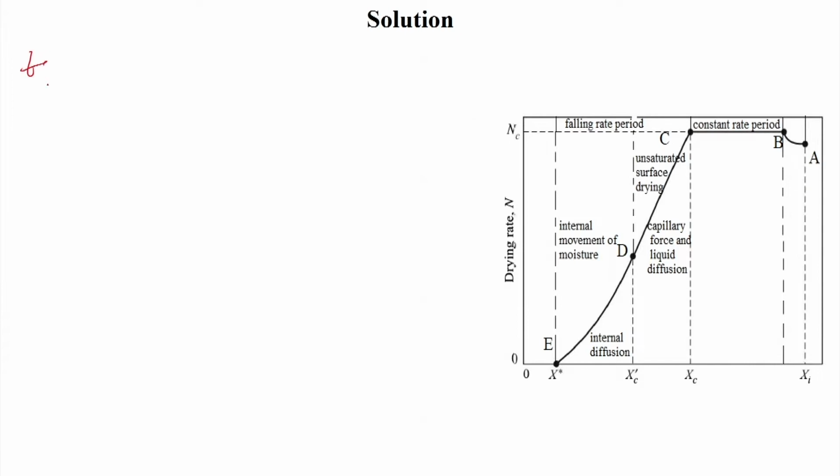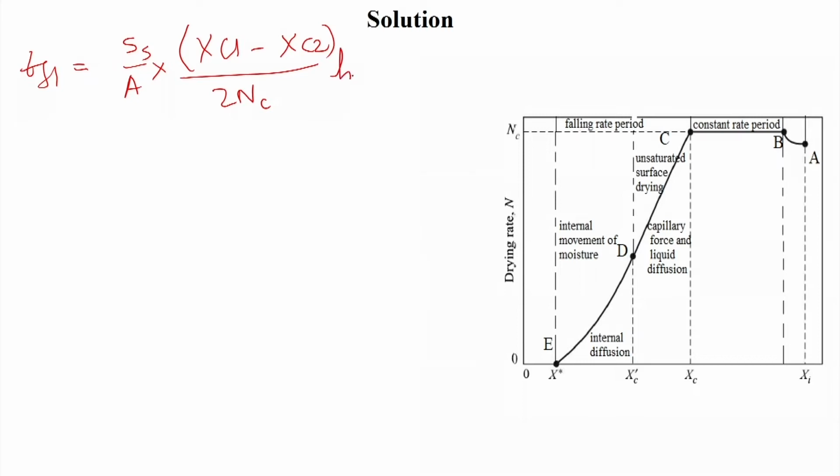So, Tf1 is equal to Ss by A into (2 xc1 minus xc2) divided by 2 Nc into ln of (2 xc1 minus xc2) divided by 2 xc2, and all the values are now known to us.